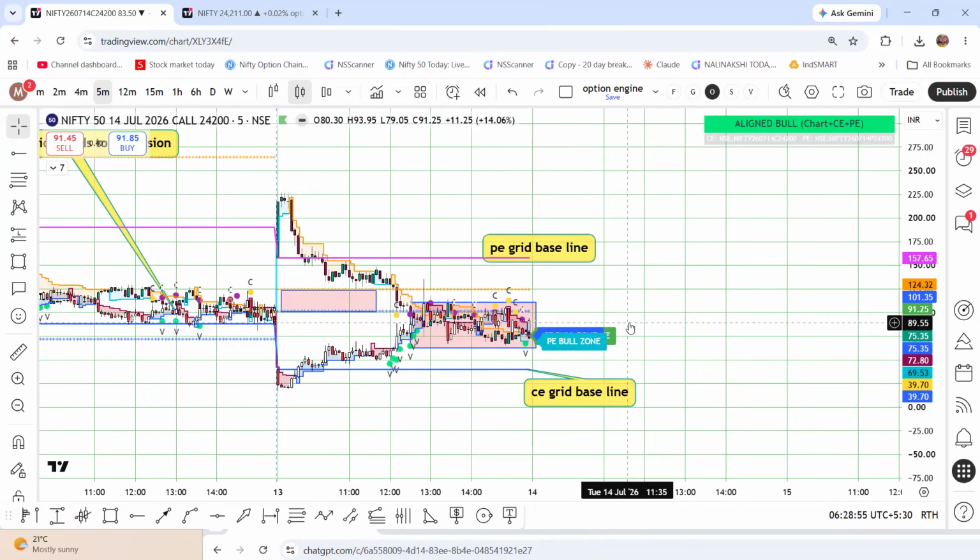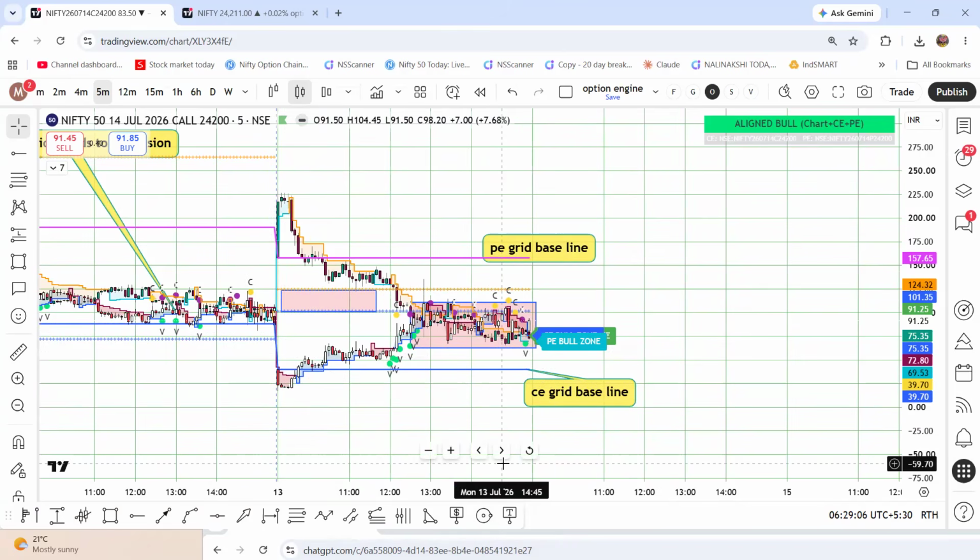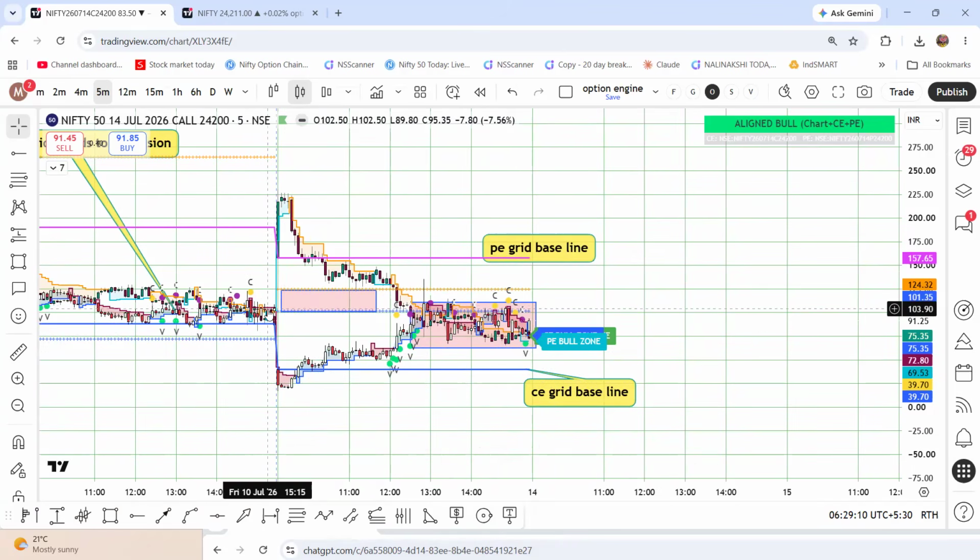When you are an option buyer, you do not enter after the expansion; when the direction changes, then you enter into a call option or the put option. See, after the expansion, the premium of the put option increased and the premium of the call option came down, and you got an opportunity to enter the market only with the help of the indicator grid line.